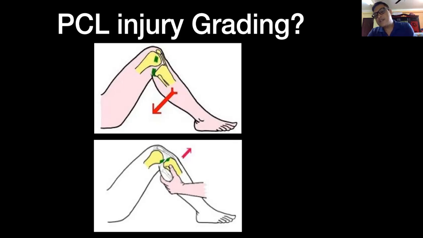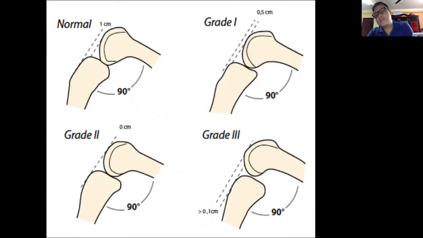As Naveen sir has already mentioned, normally the posteromedial tibial lip is about 7 to 10 millimeter anterior to the medial femoral condyle. In grade 1 PCL injury, this 7 to 10 mm anterior prominence is decreased, but it is not at the level of the femoral condyle.